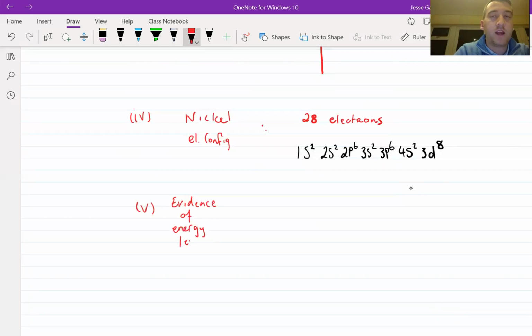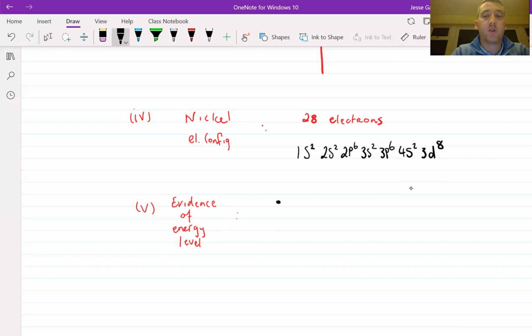And there are 2 main pieces of evidence that we've learned for the existence of energy levels so far. Okay, so again, pause the video, and you only need 1, but can you write down both of them? Pause the video, do that now. All right, so the first one to think about is, the whole idea of an energy level came from Bohr looking at emission spectra. Okay, so emission spectra is the first piece of evidence. And what about it is the evidence?